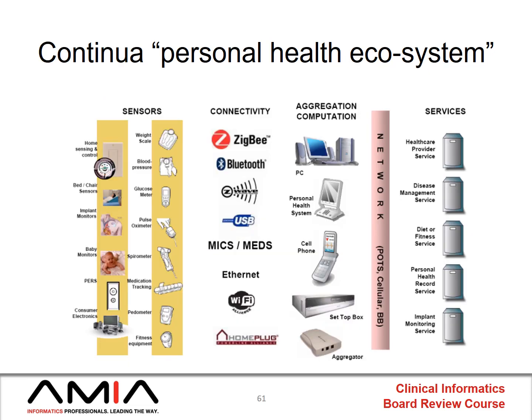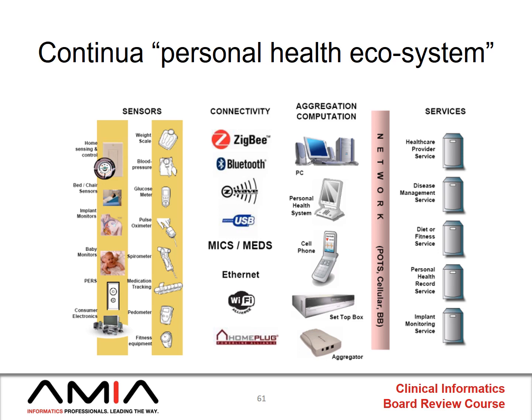This slide shows the personal health ecosystem that the Continua standards are focused on. We have a variety of sensors in the personal health ecosystem, everything from scales and blood pressure cuffs and glucometers and devices that administer medications. The data from those devices connects in a variety of ways to computing systems.